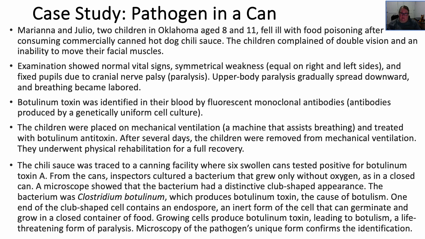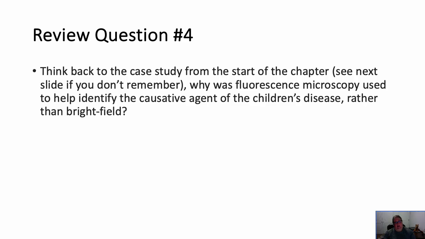Their breathing starts to become difficult. Remember, they got rushed to the ER. They had botulism because the botulism toxin was found in their system. You can read the rest of the slide and pause this before going on to review question number 4 if you'd like. But let's go to the review question.